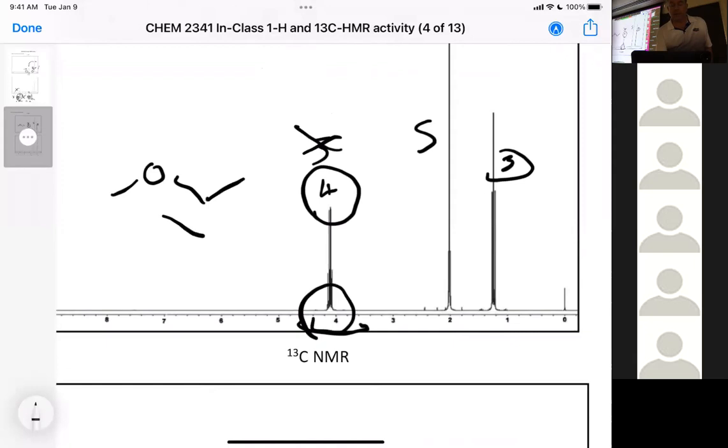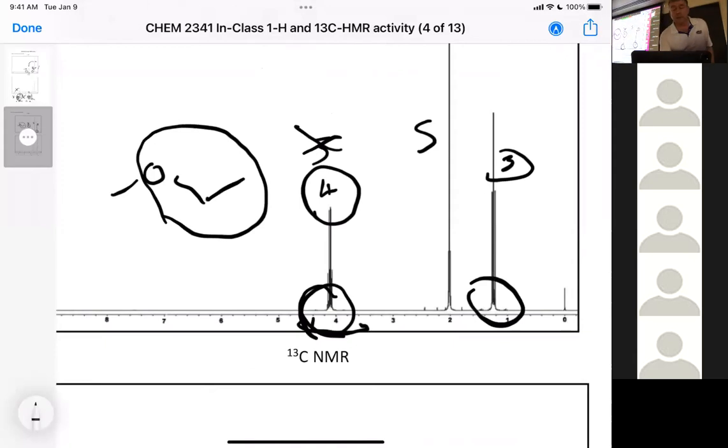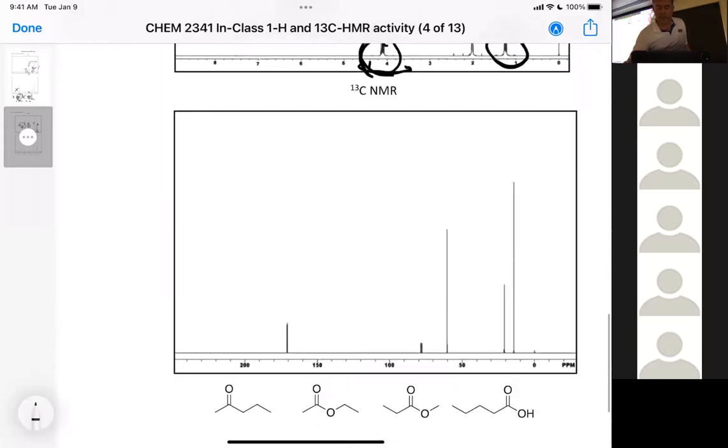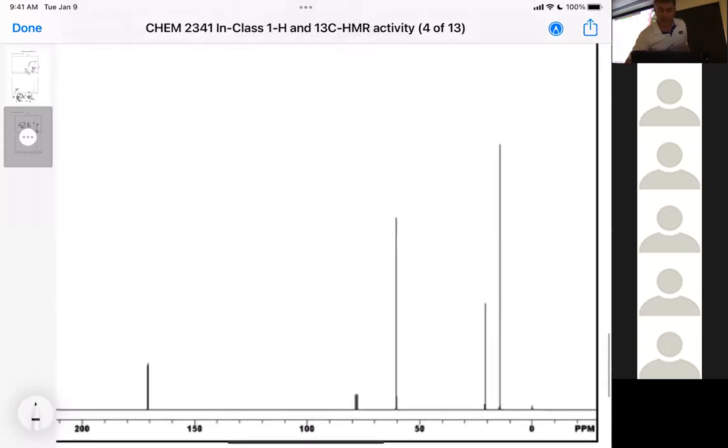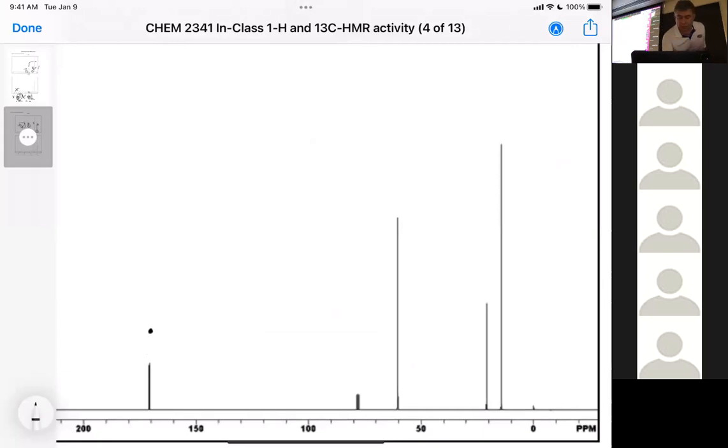And this element right here is the one that's going to give us this 3-4, because this is next to 3 hydrogens, giving us a quartet. This is next to 2 hydrogens, giving us the triplet. Okay, so we're looking for at least one fragment like that in our system. Let's see how many things we have at the end here. We have 1, 2, 3, 4 carbon peaks.